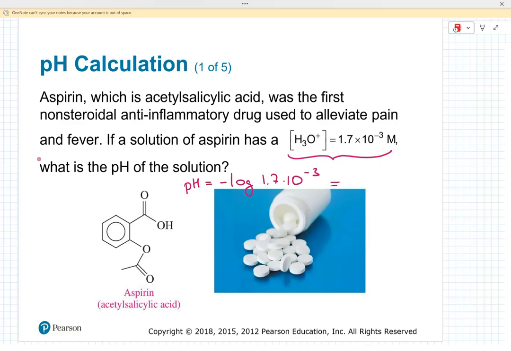I don't want to move the slide down because, for instance, I'm going to have trouble figuring out how to calculate a logarithm on my phone. So what is the actual pH of that solution?